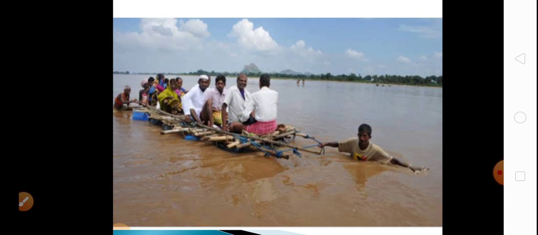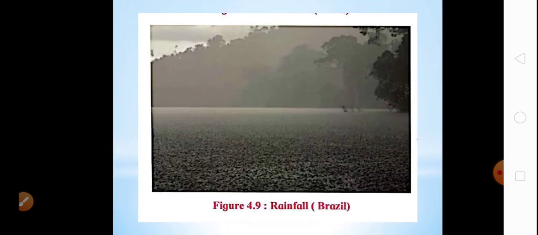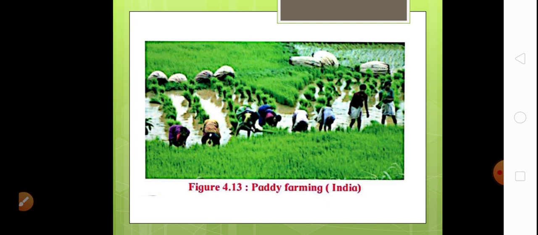So you all have understood the climate of India. So answer some of my questions. Before that, just have a look at these pictures over here. This is a picture of the deforestation in India. Then rainfall in Brazil. Paddy farming which is done in India.